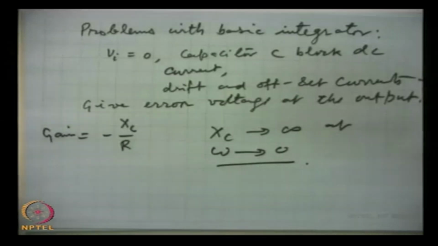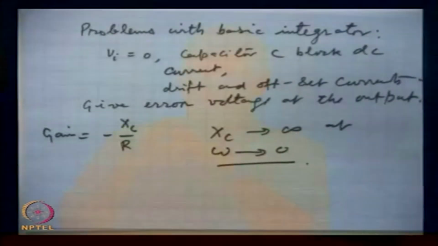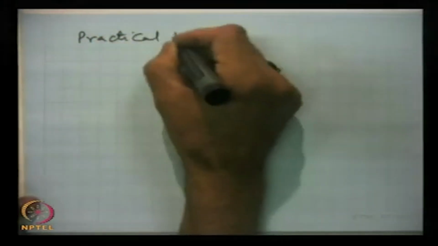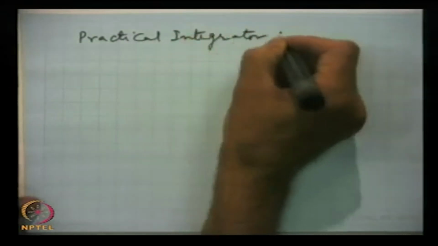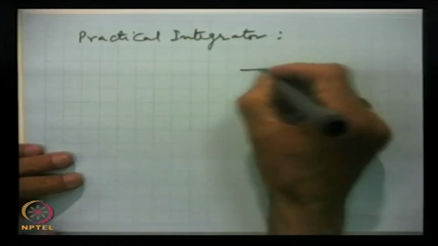These problems can be taken care of by attaching a resistor RF across the capacitor, and that is the practical circuit. Practical integrator. The circuit is this.